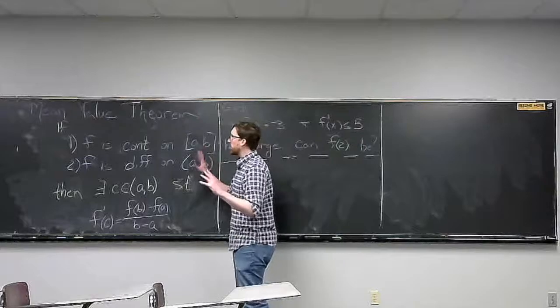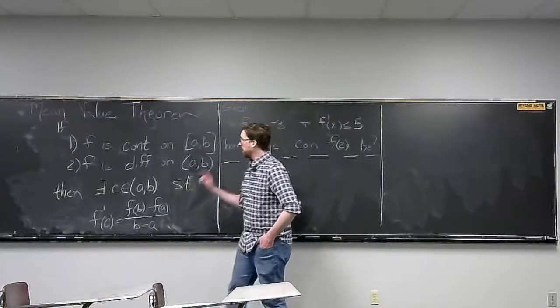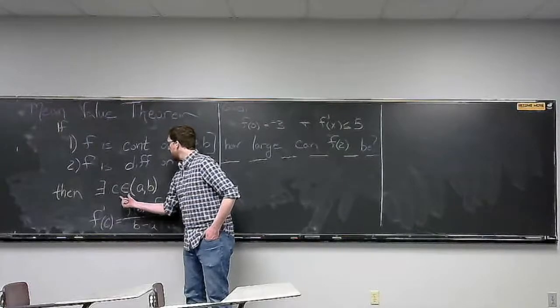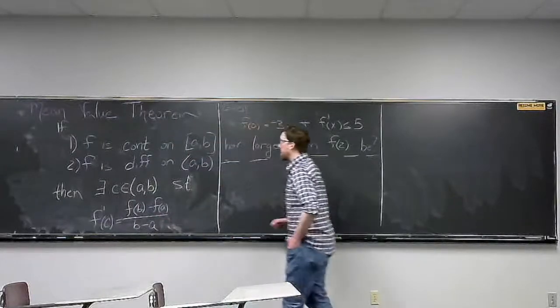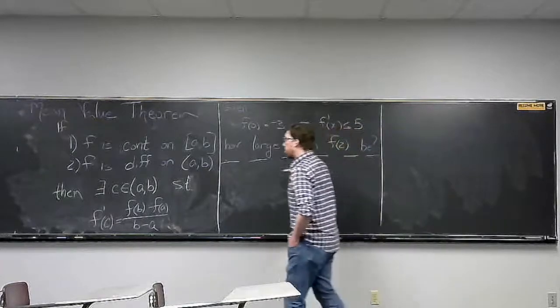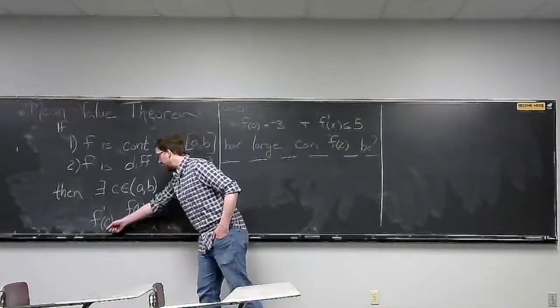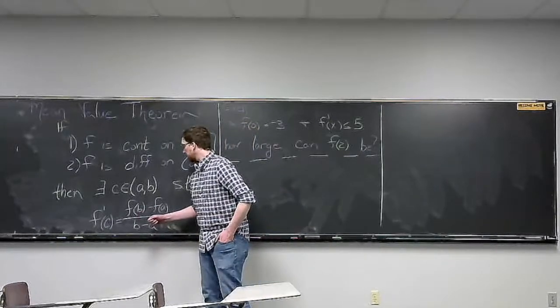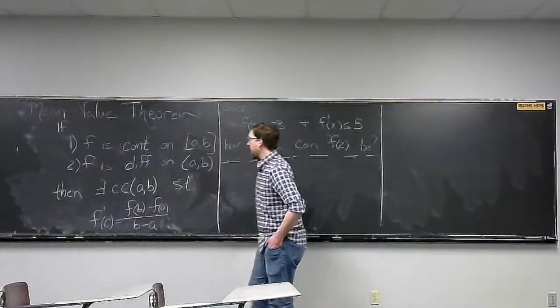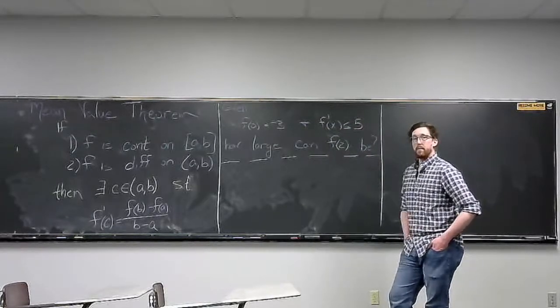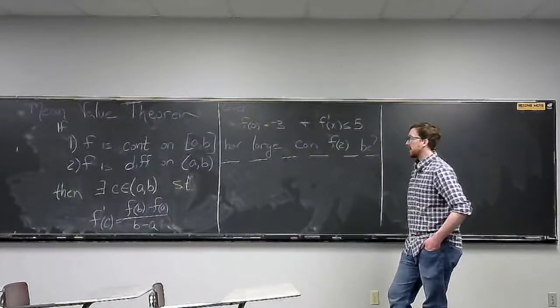And if both of those conditions are met, then there exists a c in the open interval from a to b such that the derivative of your function at that c is equal to the quantity f at b minus f at a divided by b minus a.